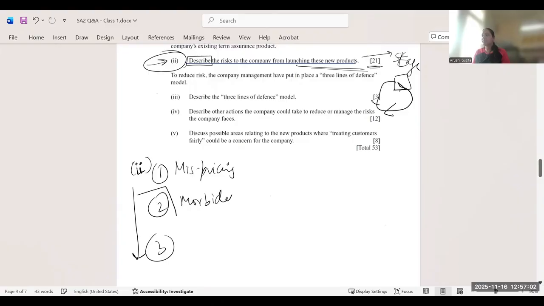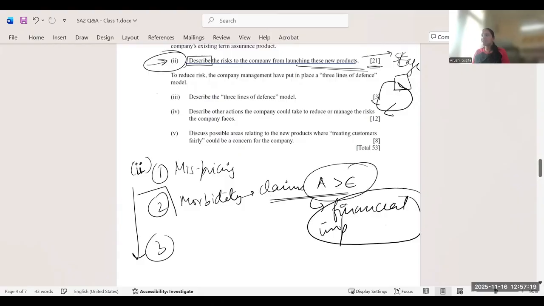We are talking about, in simple words, that claims, if they come out to be higher than what we expect, then we will have financial impact. The definition of risk comes from the financial impact: what eventually goes wrong for me, and if claims do turn out higher, what do I do? That is an observation. The impact on me is that financially I will either see lower profits or it will lead to losses, right? And lower profits because the claims I have to pay are much higher. So this is the risk.